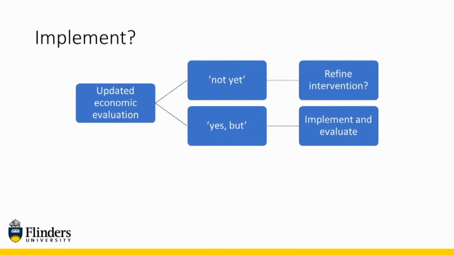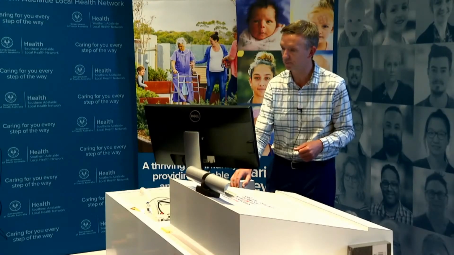So it's iterative, but the decision that we'd be aiming to inform is whether to implement a proposed intervention, a service delivery model to reduce hypoglycemic HACs. And if we get not yet, in which case we maybe continue to refine the intervention, update the model until we get to a point where we're ready for a yes but, and we implement and evaluate the intervention.